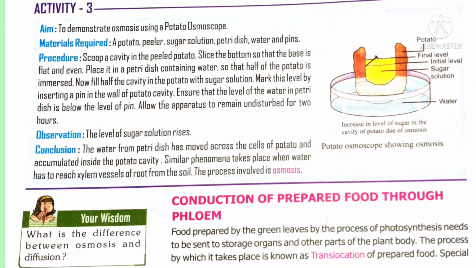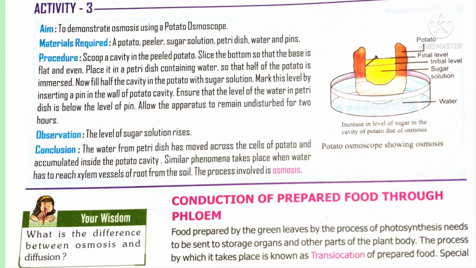This is called osmosis. What is osmosis? It is a process through which water particles are transferred from the low concentrated area to the higher concentrated area. Here, the low concentration is the water particles outside, in the petri dish. The higher concentration is the sugar solution which is put into the cavity of the potato.